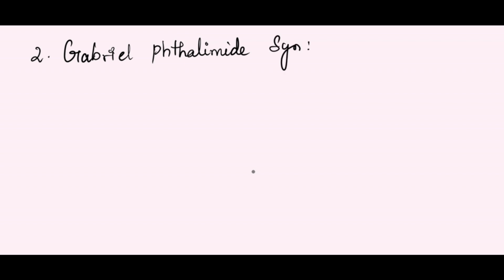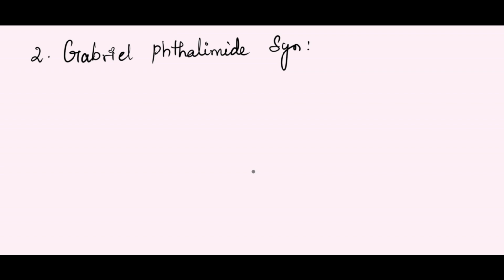The second reaction to prepare amines is a very important reaction, like the Cannizzaro reaction. I'm talking about the importance. This reaction is the Gabriel phthalimide reaction or Gabriel phthalimide synthesis.